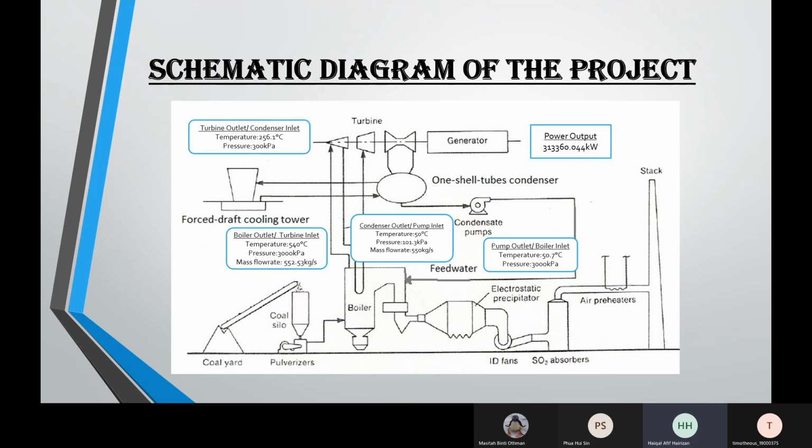After the turbine, the steam will flow into the condenser, and it will be cooled down by the air in the fast draft cooling tower, and the water will be pumped back to the boiler. The final generation of the electricity will be 313360.04 kilowatt.